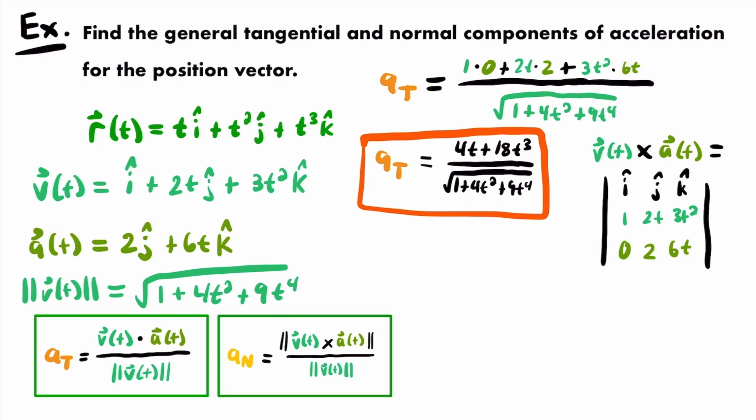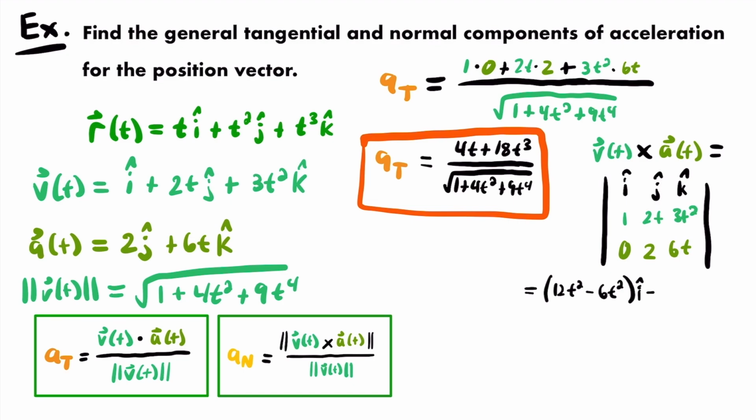All right, now calculating the cross product here, let's take this step by step. Start by covering up the i column, calculate a 2 by 2 determinant. 2t times 6t is 12t squared minus 3t squared times 2, which is 6t squared. So for the i term, we have 12t squared minus 6t squared times i.